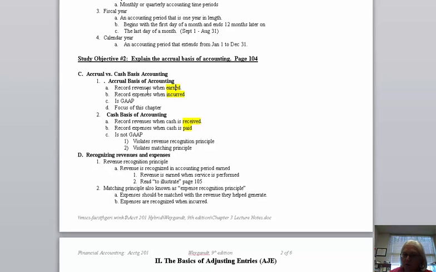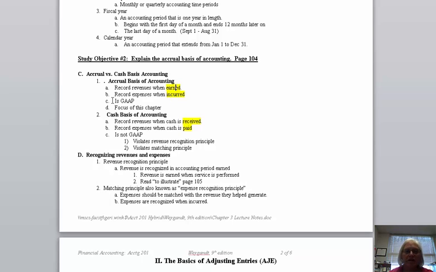That's when we want to record our revenue. We want to record the expenses when they are incurred, which means when we've used the electricity, the water, or the gas, whatever the expense is. When it's incurred, we want to get it recorded in the proper period for our financial statements.